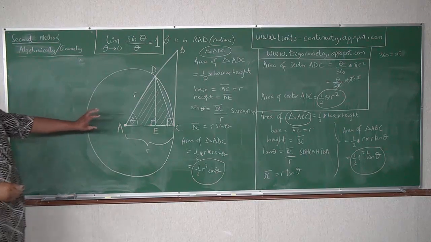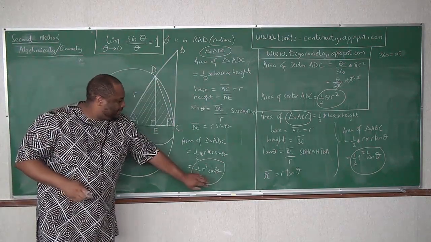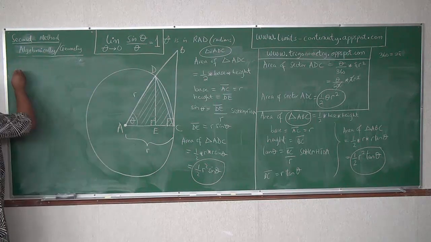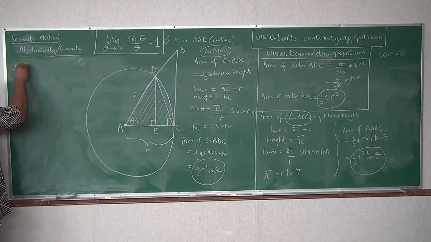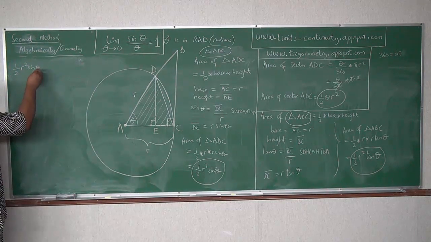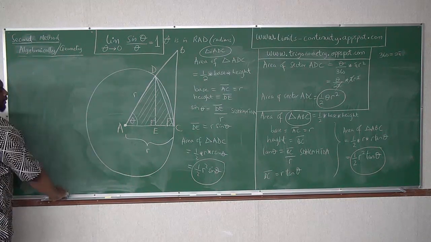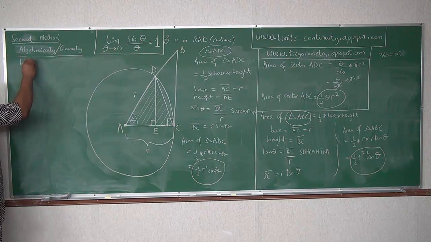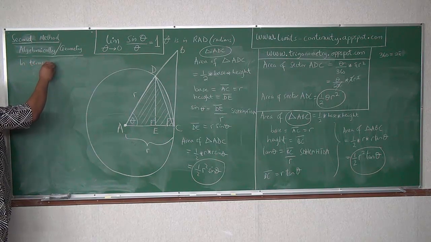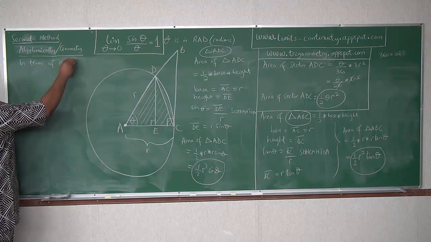So we now have that the area of triangle ABC has 1/2 R squared sine theta. In terms of area, let me put this in terms of area.